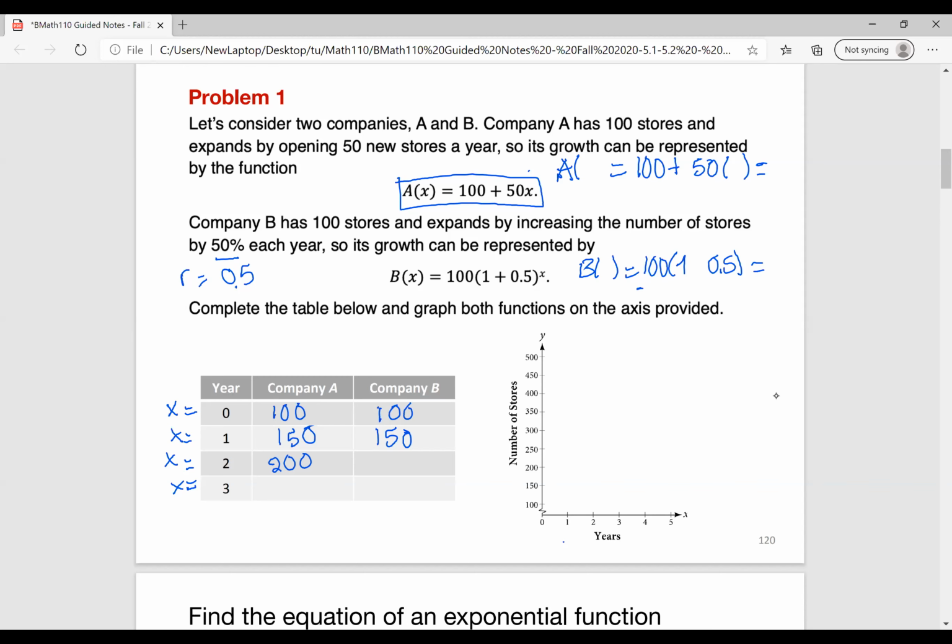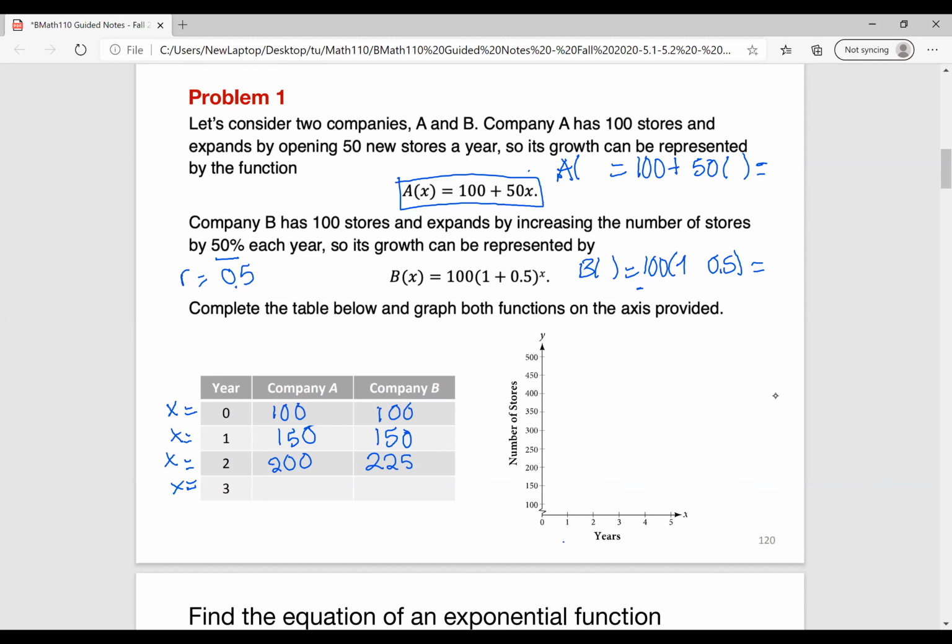And for community B, you're going to have 1.5 to the power 2 and then multiplied by 100. Now it's different, I have 225, right?